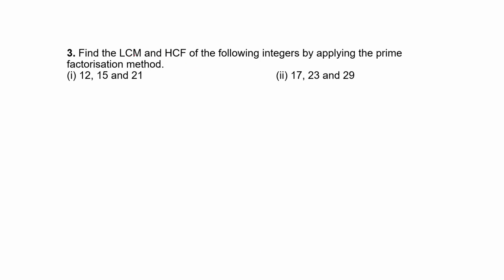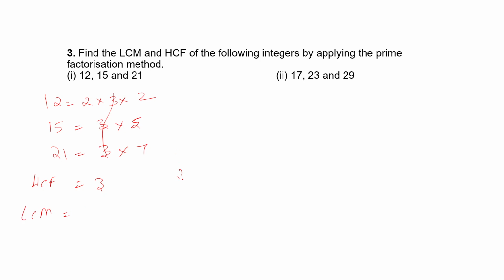So next question again the same, find the HCF and LCM by applying the prime factorization method. So this is again and again the same, there is nothing to even think. You have to follow the pattern only, but do it correctly, that's it. So now the HCF is, what is the common factor in all three? 3. So what is LCM?